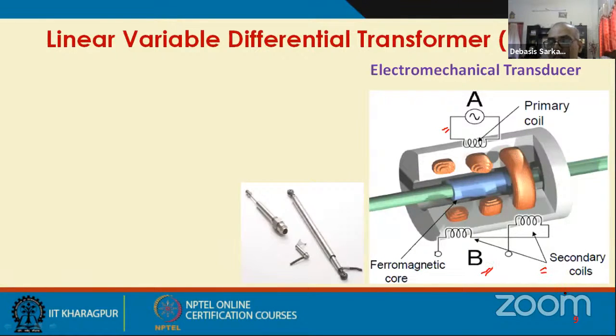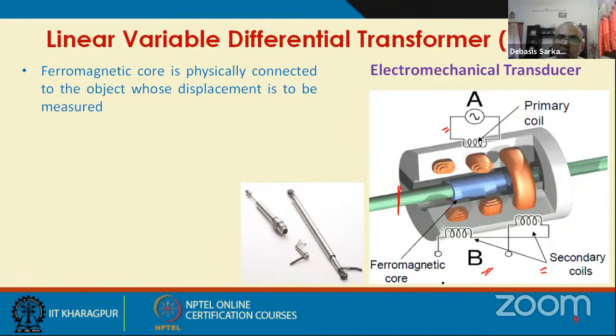These two secondary coils are connected in series opposition. And this soft iron core provides the magnetic coupling between these two coils. Now this ferromagnetic core is physically connected to the object whose displacement is to be measured.